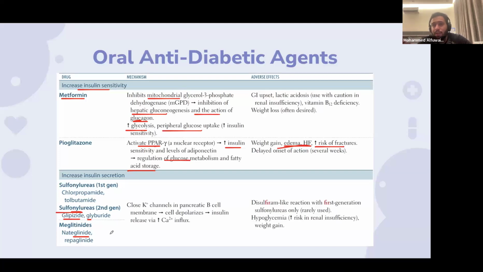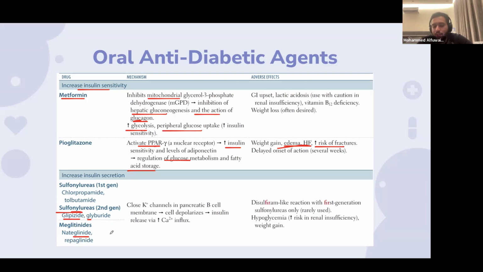Now, because of increased insulin secretion, what's an important side effect? Well, what will happen to glucose? Hypoglycemia. Hypoglycemia is an important side effect in patients who are taking secretagogues, either sulfonylureas or meglitinides.